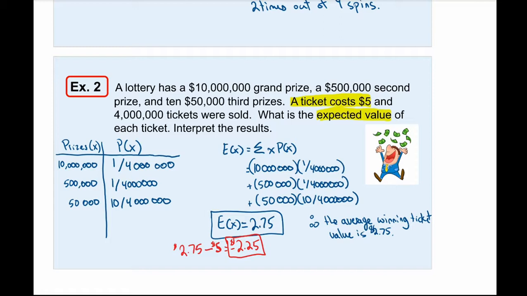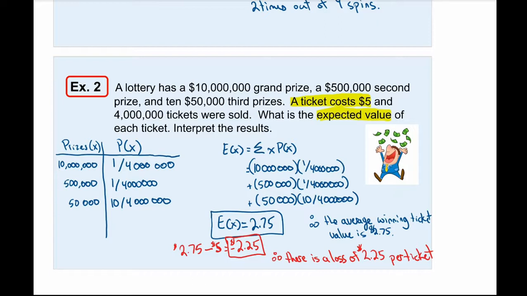Because it costs me $5 to play and I'm only expected to win $2.75, there is a loss of $2.25. It doesn't seem likely that I want to play, because every time I buy a ticket, I'm only expected to win $2.75, which means I'm going to lose $2.25 every time I buy a ticket.